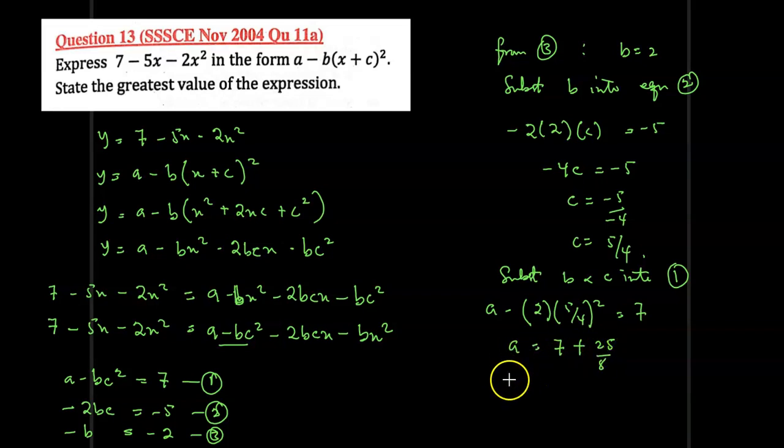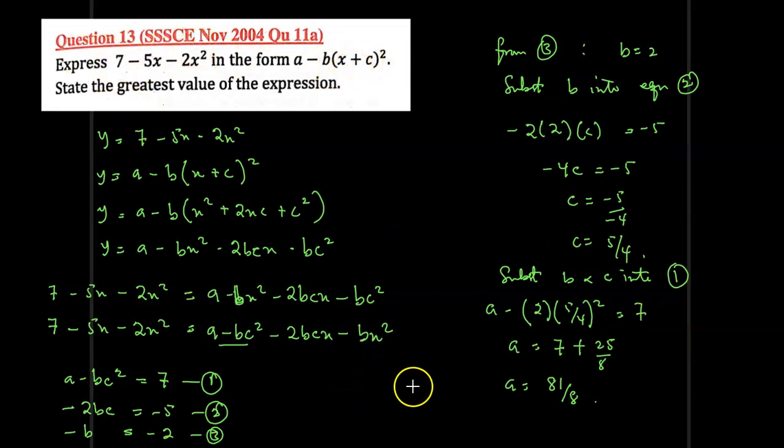Then now you add this to 7, so a will be equal to 25 on 8 plus 7. It will give us an answer of 81 on 8. So then it means we have to write it. It says express the function in the form of that.